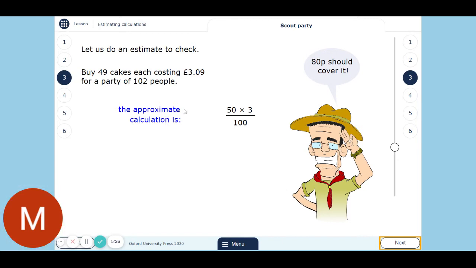It's actually 102, but we're only doing an approximate and estimated calculation. 50 times 3 is 150. Divided by 100 means move the decimal point back a couple of places. £1.50. So 80 pence is way off. If he only charged everyone 80 pence, then he'd be paying for a lot of it himself.